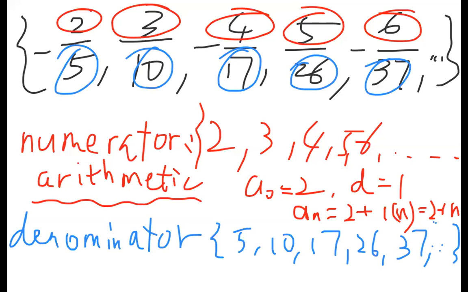They don't have a common difference, nor do they have a common ratio. But you notice that each is actually 1 plus a complete square. So 5 is actually 1 plus 4. 10 is 1 plus 9. 17 is 1 plus 16. 26 is 1 plus 25. And 37 is 1 plus 36.